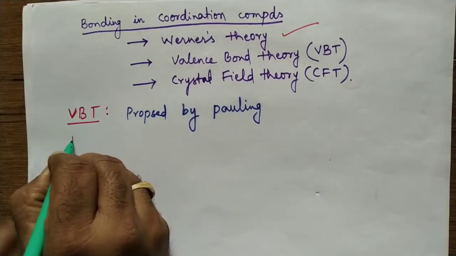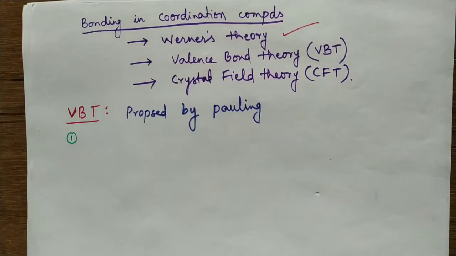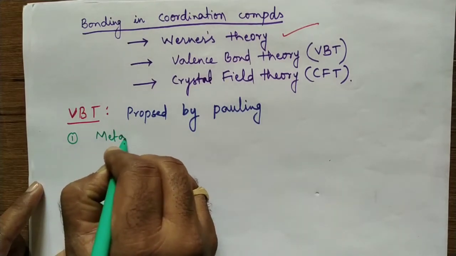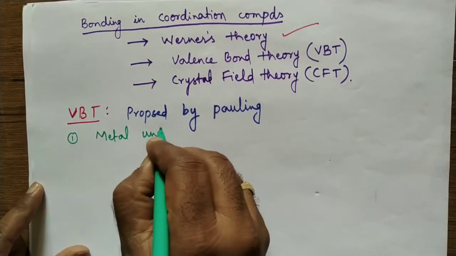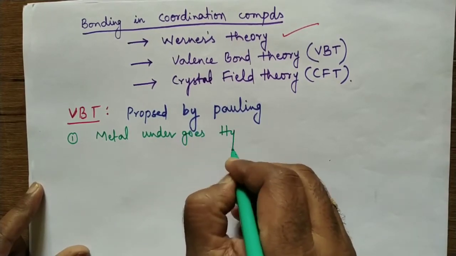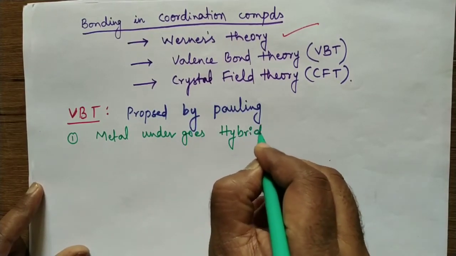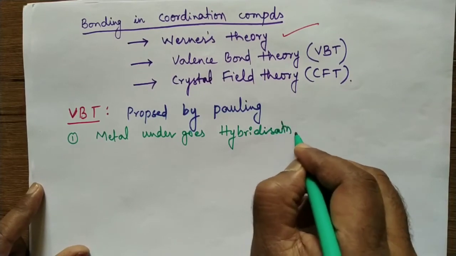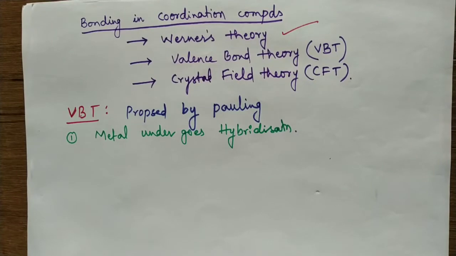First one, metal undergoes hybridization. So, what is hybridization?